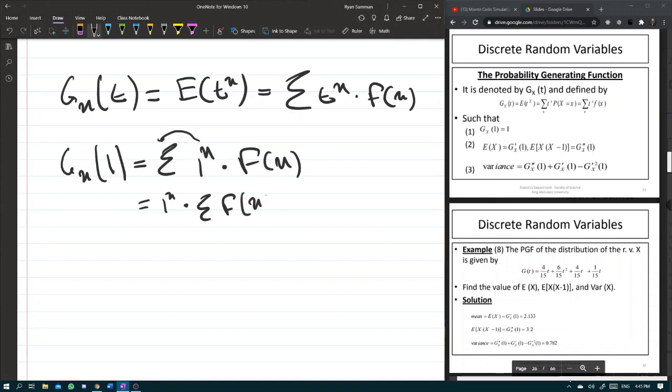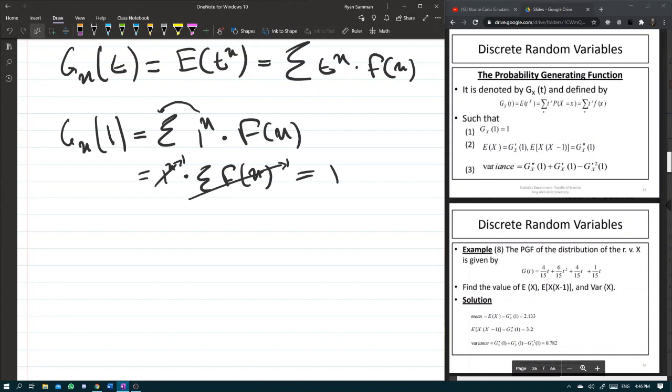Whenever you raise 1 to the power x, no matter what power you put in over here, it's just going to be 1 times 1 times 1, so it's always going to be 1. So this is going to be 1, and the sum of the frequencies is going to be 1. So g x of 1 is going to be 1.